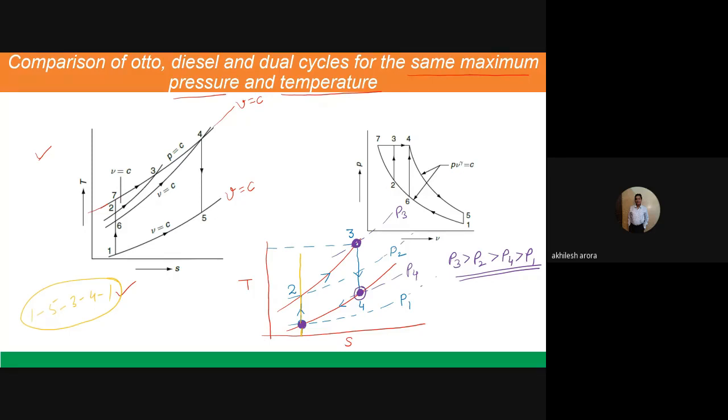So what I can do, I can come backwards. I can start here, come backwards, and it's a constant pressure process. Okay, so this is point number 5. So point number 5 is located by drawing a constant pressure line, which is pressure P3, and coming backwards. It will intersect this vertical line at point number 5. So from 1 to 5, it is the compression process which is taking place in case of diesel cycle. Okay, is this clear?